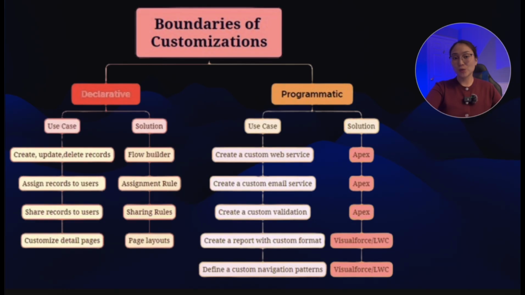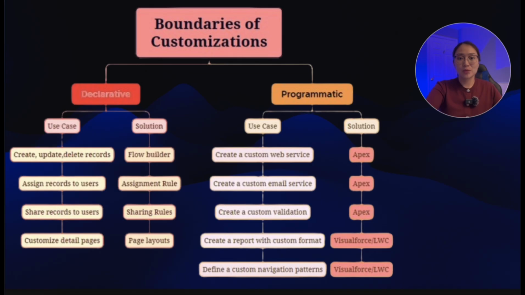The most important question: when do we actually use declarative customization and when do we move to programmatic? This slide is not about memorizing tools, it's about understanding the boundaries. So let's start with the declarative side. Use cases like creating, updating, deleting records, assigning records to users, sharing rules, or customizing detail pages are all very common business needs.